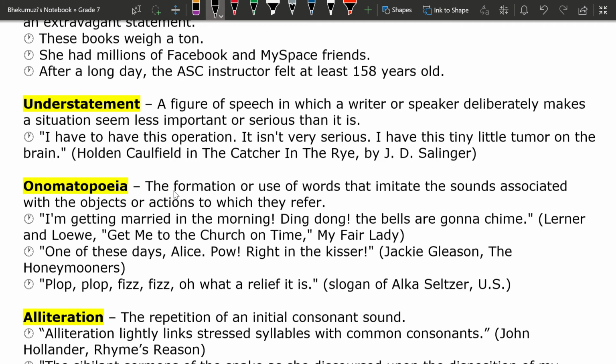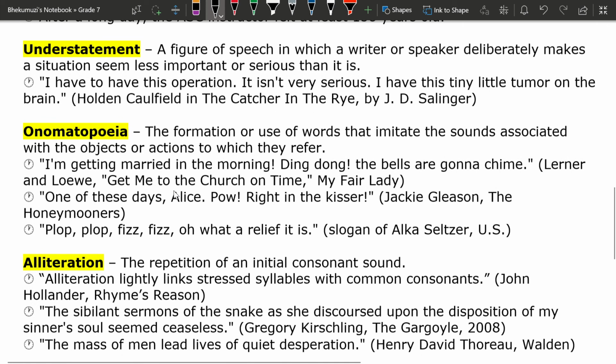And then we have onomatopoeia, right? Hopefully I pronounced that correctly. It's a bit of a difficult word. This is the formation or use of words that imitate the sounds associated with the objects or actions to which they refer. So for instance, getting married. I'm getting married in the morning, and then you say ding dong, the bells are gonna chime, right?